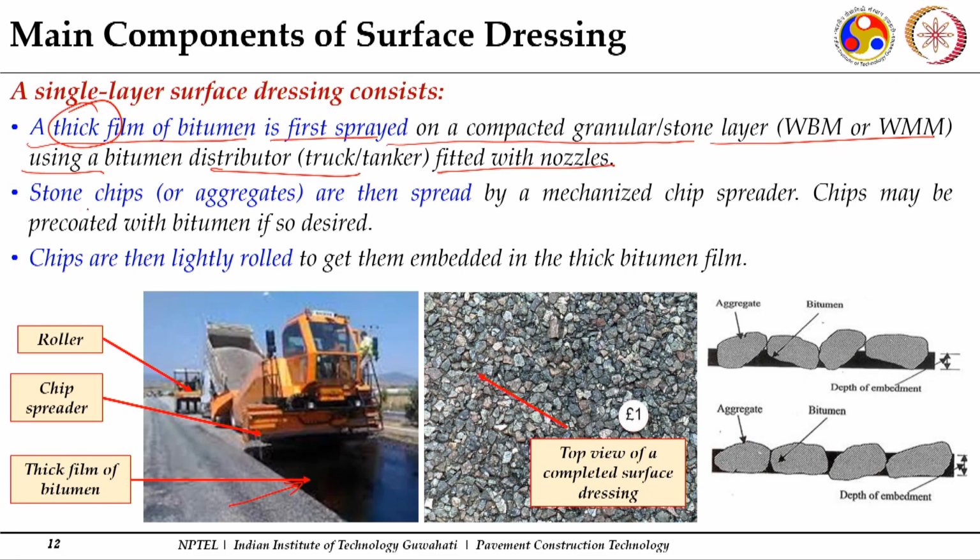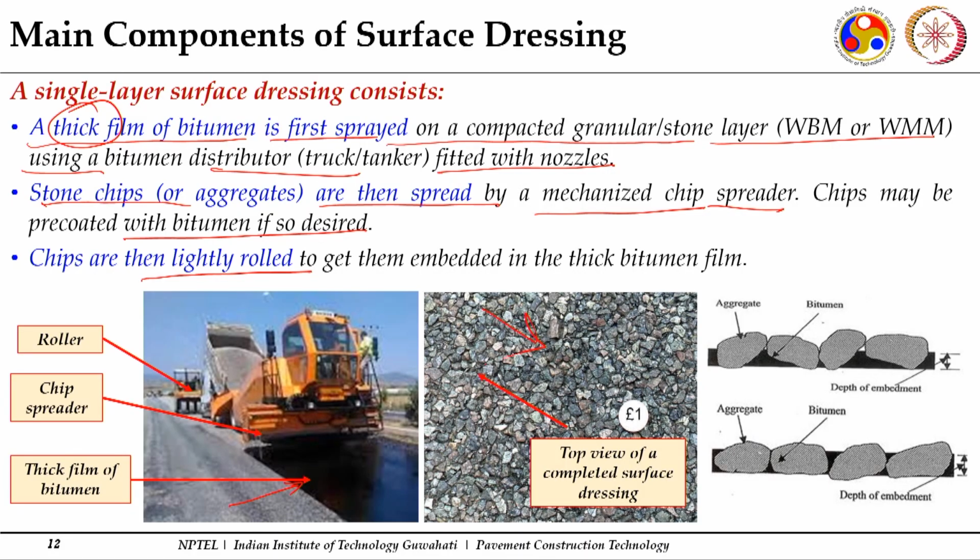After this, stone chips or aggregates are spread using a mechanized chip spreader so that there is a uniform distribution of the chips. In some cases the stone chips may be pre-coated or otherwise uncoated. I spread these chips over the thick binder film, and then they are lightly rolled so as only to sit inside the bitumen.